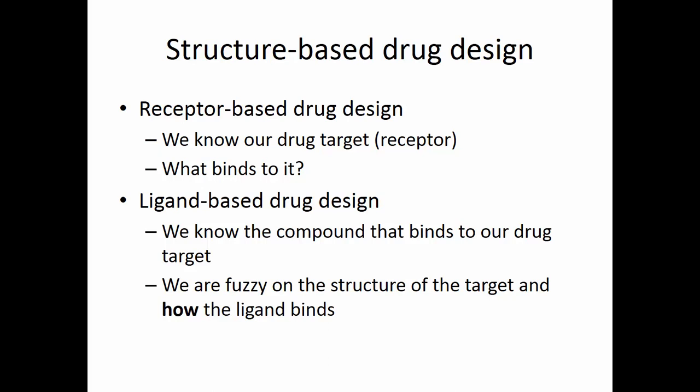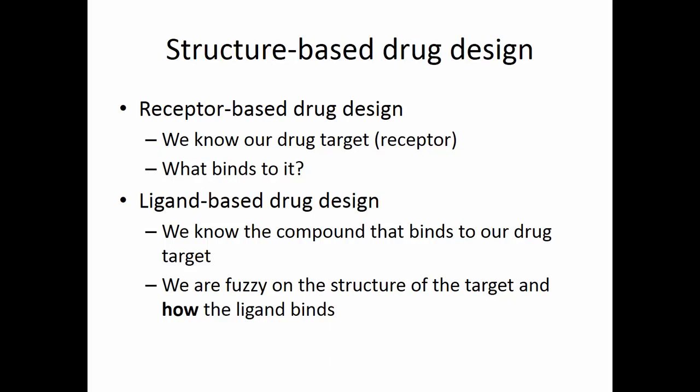Okay, so there was some confusion on the different types of drug design, receptor-based versus ligand-based. These are two directions we can go when we're designing a drug based on a target. Receptor-based is based on the fact that we know our target.